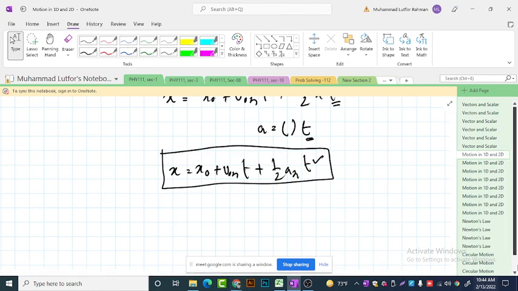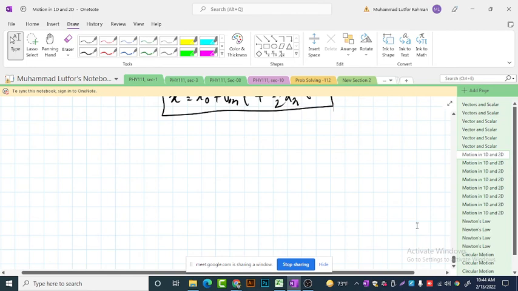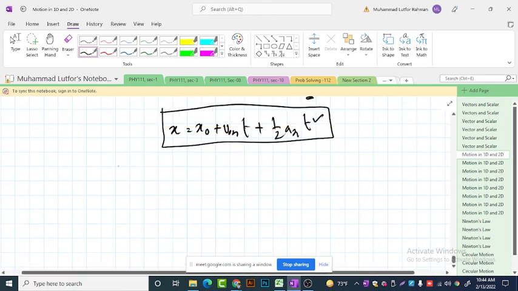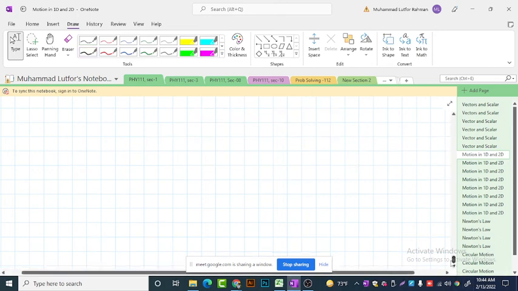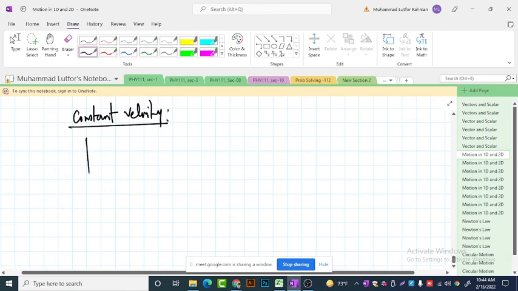All right, one more case I'm going to talk about: I'm going to draw the curves of this motion. First, constant velocity. If a particle is moving at a constant velocity, what would be the velocity versus time graph?